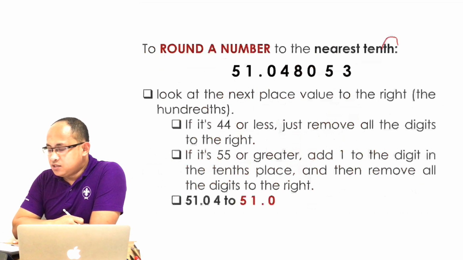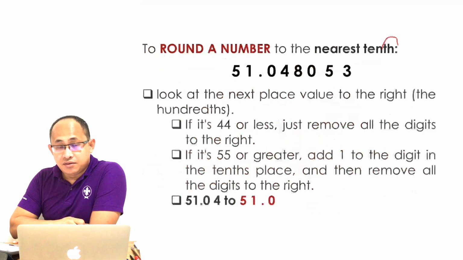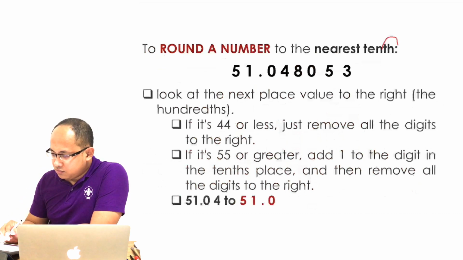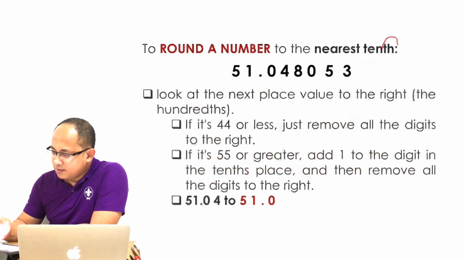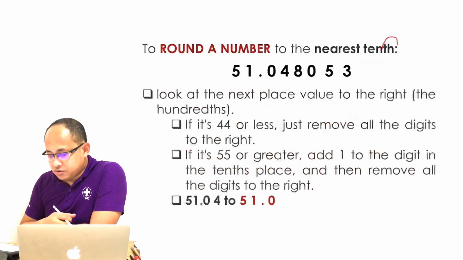Look at the next place value to the right of the tenths. All right? So therefore, look at this. If this is our tenths place, yeah, this is our tenths. Next, this is our hundredths place. All right? Look at the digit in the hundredths place.